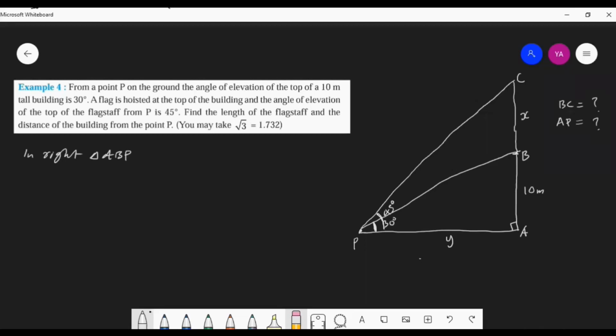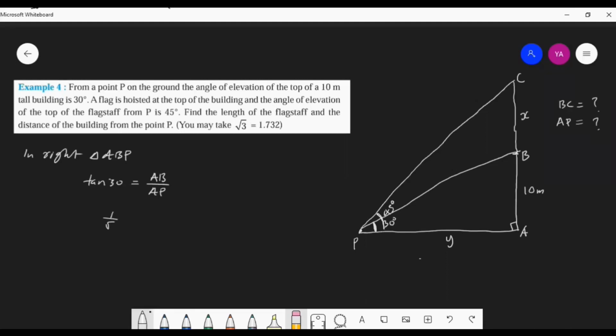Tan 30 is equal to AB by AP. Okay, AB by AP we can write in the first step. What is the value of tan 30? Tan 30 is 1 by root 3.